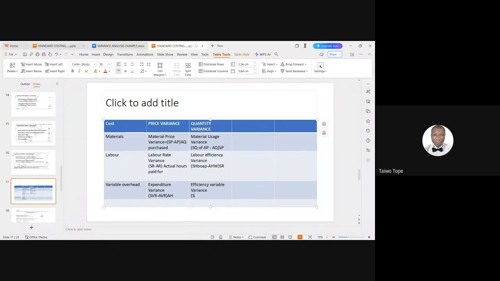But in this case, you are looking at the variable elements, which will be given in the question.